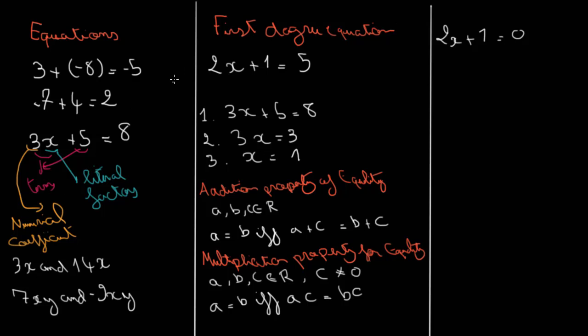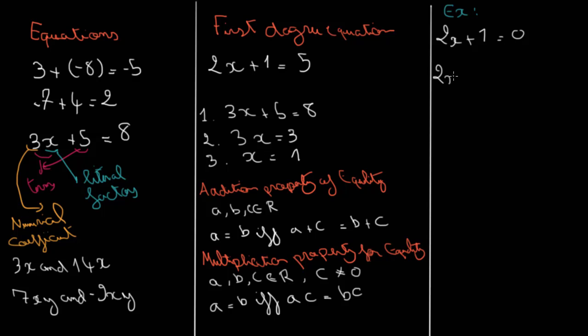To solve this equation, we're going to apply first the first property. What does the first property tell us? If I take a real number C and add it to both sides, I should have the same equation, or what we said here, an equivalent equation. So let me take minus 1.